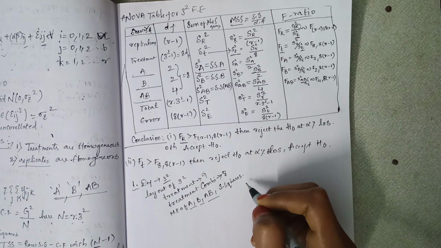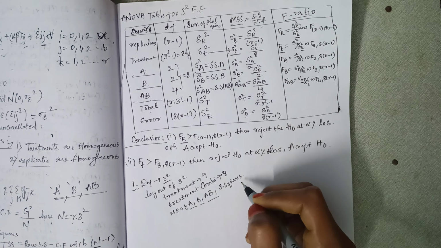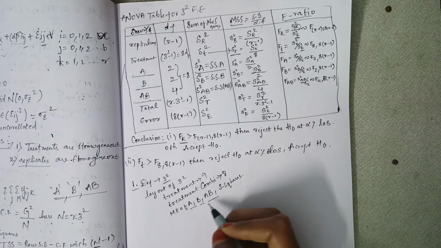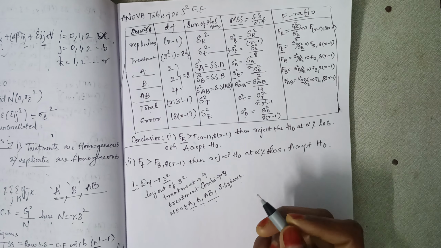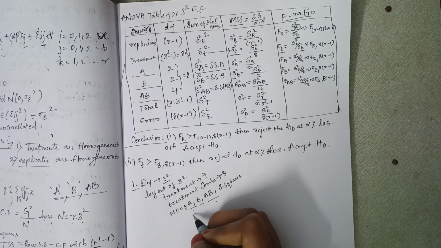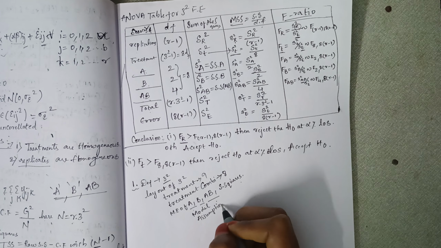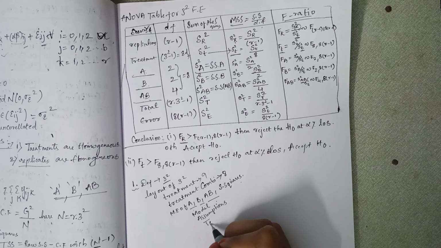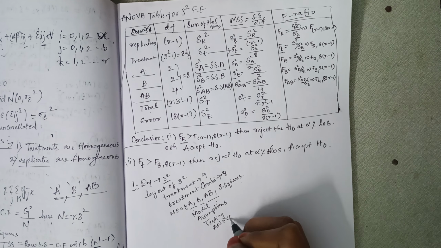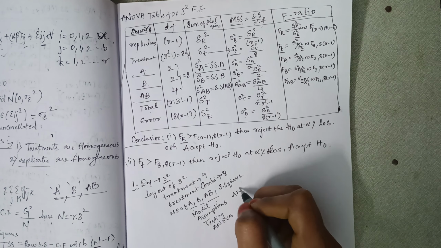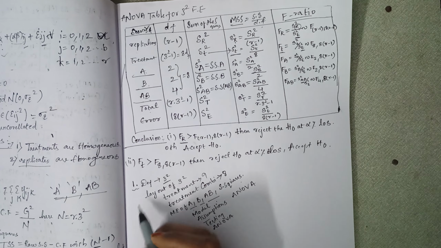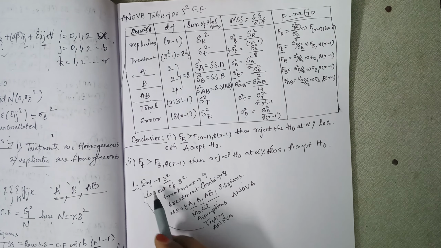After estimating the sum of the squares due to A, B and AB, we fit the model. Then the assumptions, then testing of hypothesis, then the ANOVA steps, then the ANOVA table.